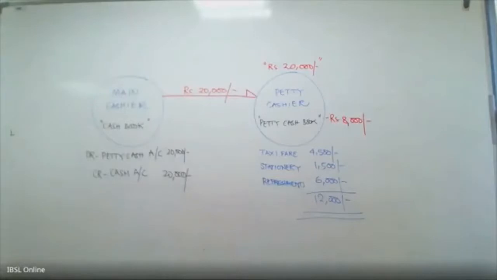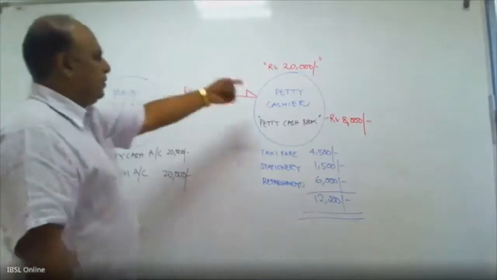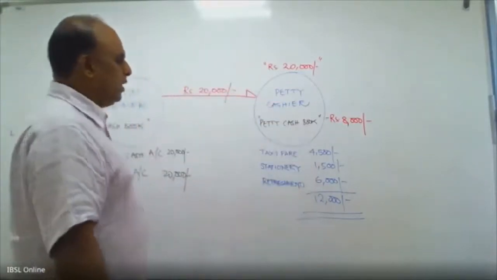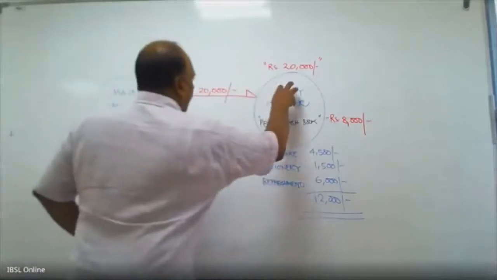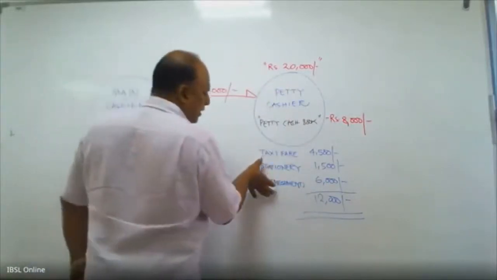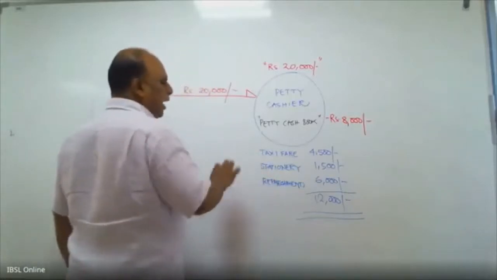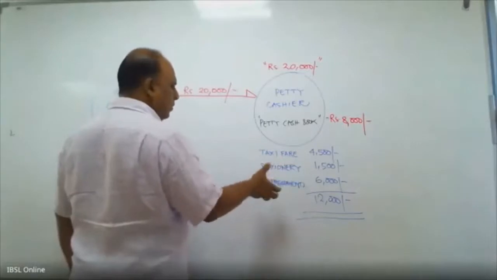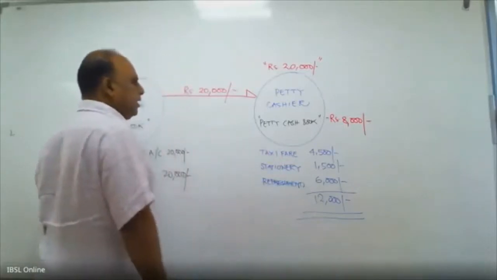Now, under this petty cash account concept, before you go to the next month, on the last working day, the petty cashier will prepare a schedule showing all these details, with the attached bills or invoices that are relevant.